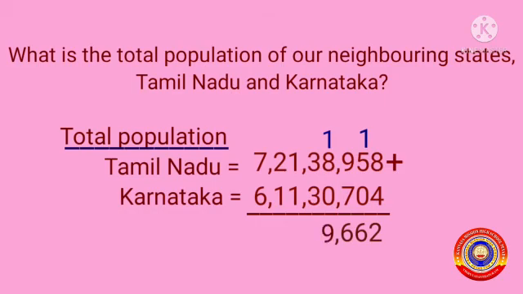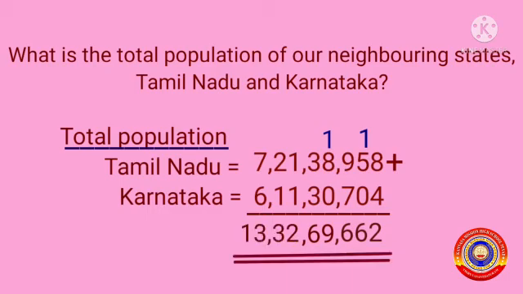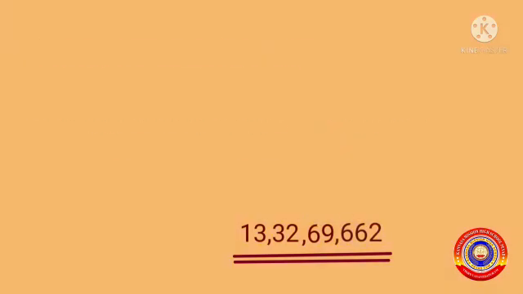Then next number, 3 plus 3. 3 plus 3 is equal to 6. Then 1 plus 1 equals 2. 2 plus 1 equals 3. And 7 plus 6 is equal to 13. Now we got the total population of Tamil Nadu and Karnataka as 13 crore 32 lakh 69,662. Is it clear for you?